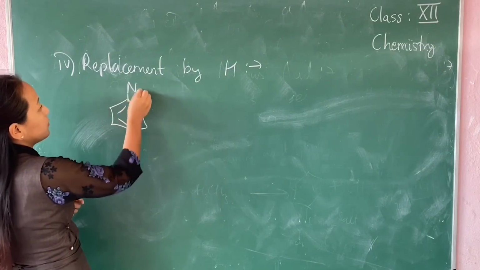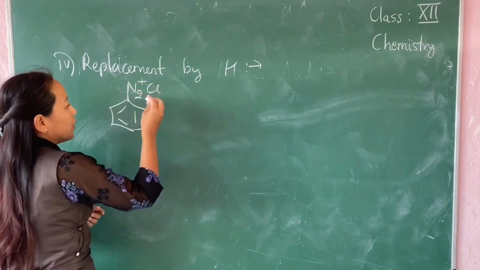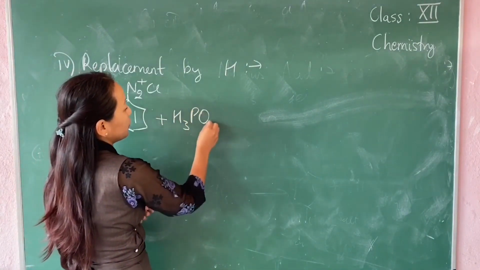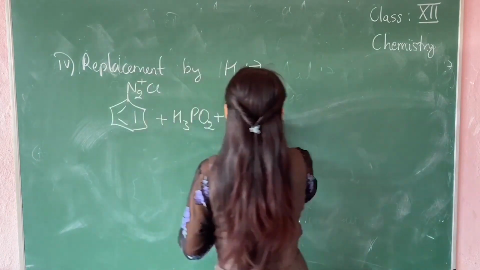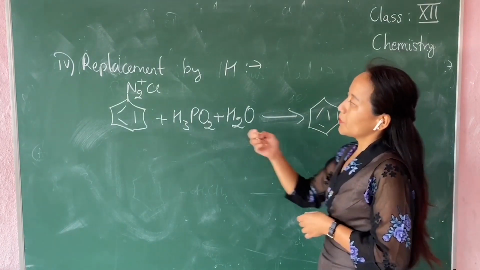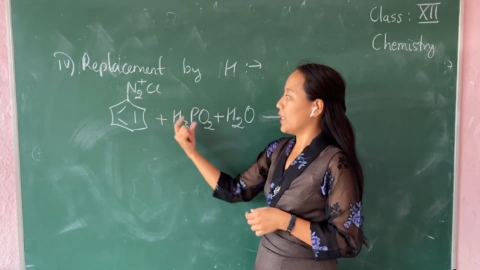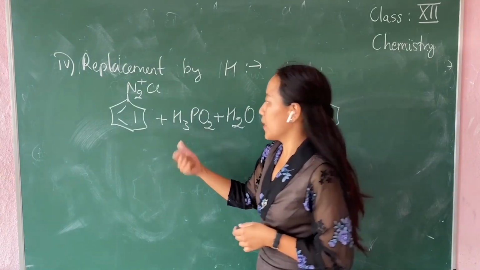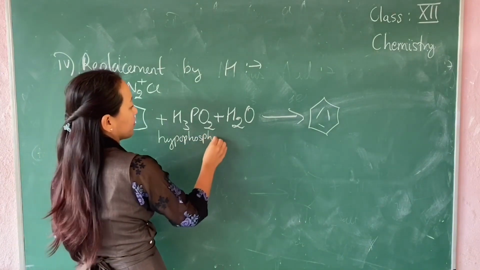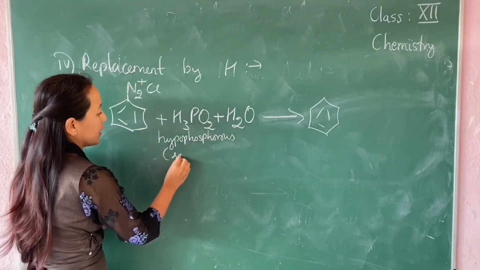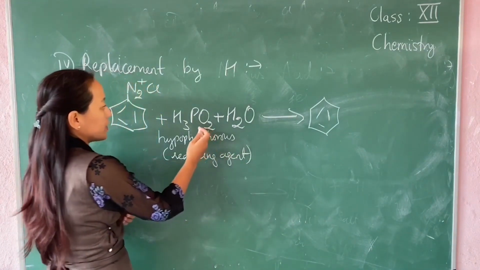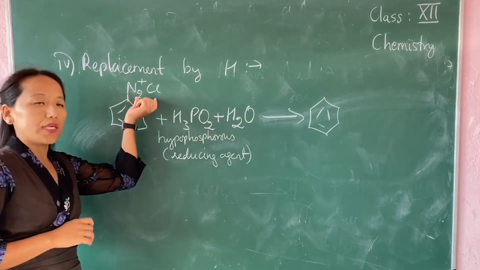Okay, then the next one is replacement by hydrogen atom. You have your benzene diazonium chloride. When it reacts with a reducing agent H3PO2 in the presence of water, you are going to get a benzene ring, because this entire group will be replaced by hydrogen atom donated by this hypophosphorus acid. Now this acts as a reducing agent which donates hydrogen atom. This donates hydrogen atom which replaces this N2Cl group over here.